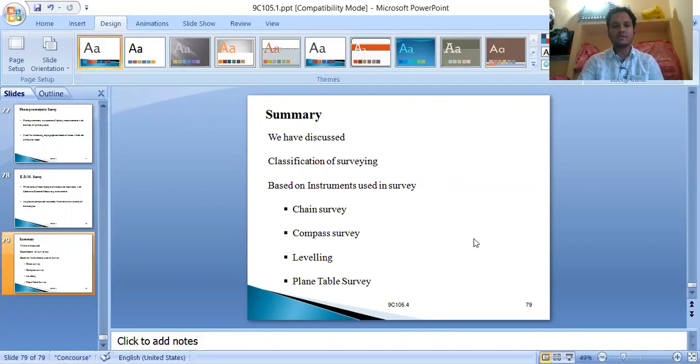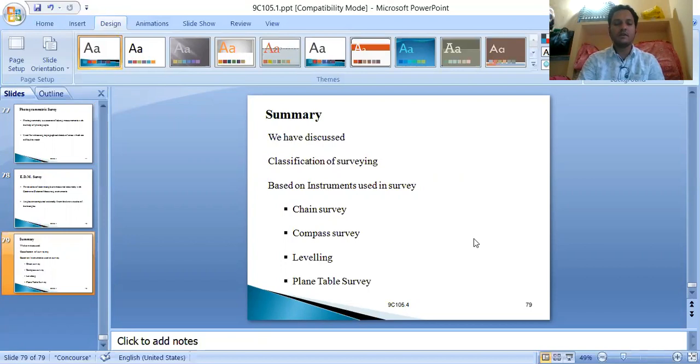So far we have discussed classifications of survey based on instruments used. These are some of the instruments used. In chain survey we will use different instruments like arrows, ranging rods, cross staff, etc. for measuring linear measurements.